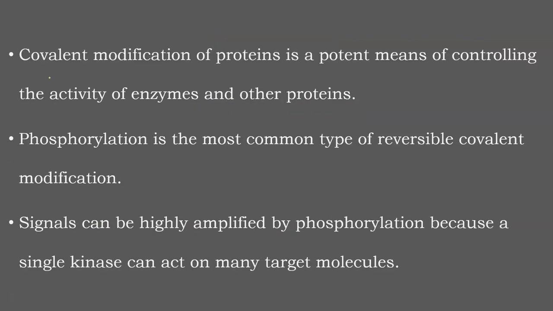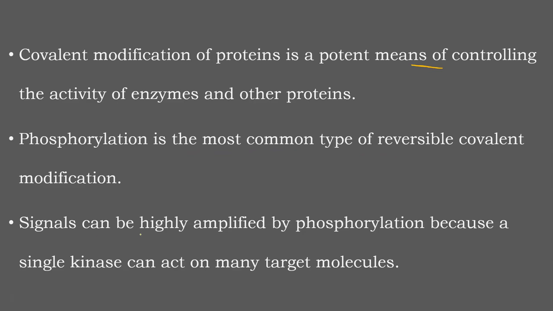The covalent modification of proteins is a potent means of controlling the activity of enzymes and other proteins. So it is a method for enzyme regulation. Phosphorylation is the most common type of reversible covalent modification, which I already told you.